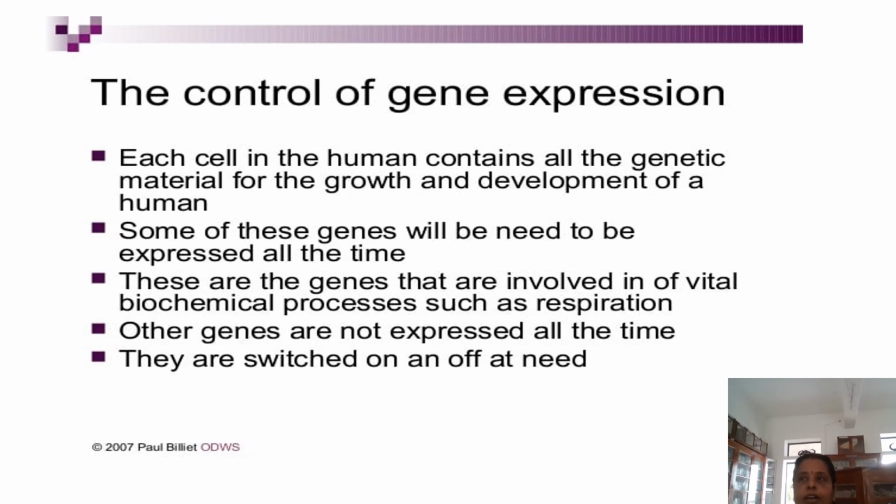One is the constitutive gene expression, where genes express continuously without any intermitting process. Whereas in another type of gene expression, genes are switched on and off at the time they are in need.